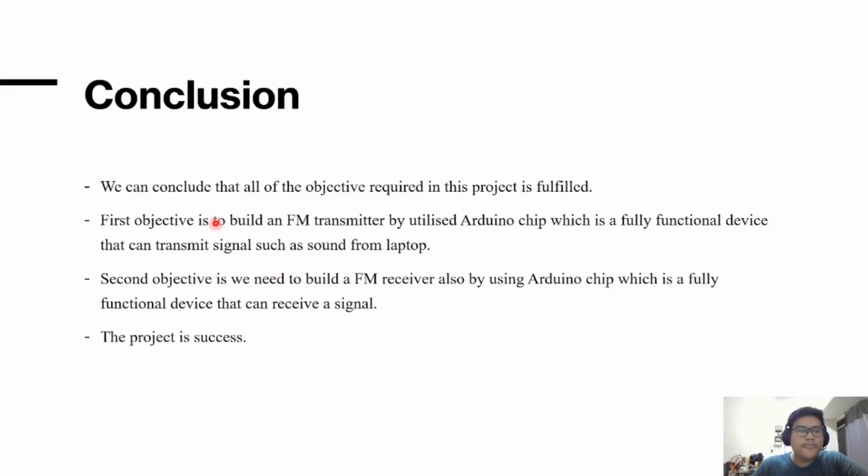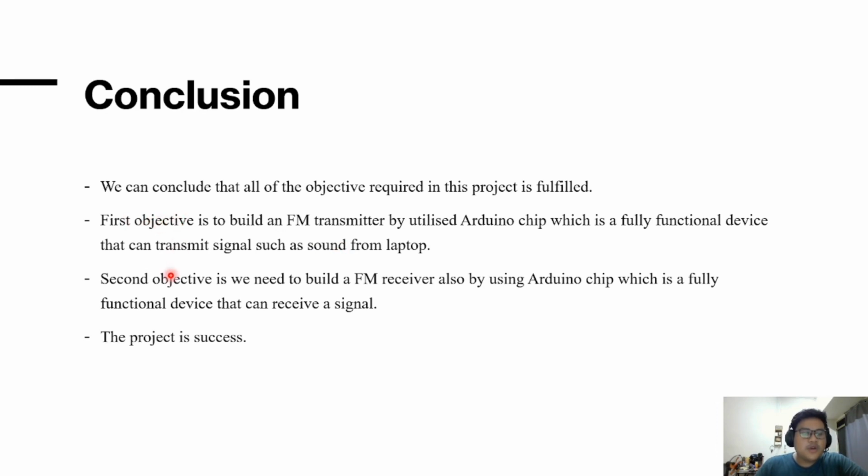For the conclusion, we can conclude that all of the objectives required in this project are fulfilled. Our first objective is to build an FM transmitter utilizing an Arduino chip, which is a fully functional device that can transmit signals such as sound from a laptop. This objective has been fulfilled.